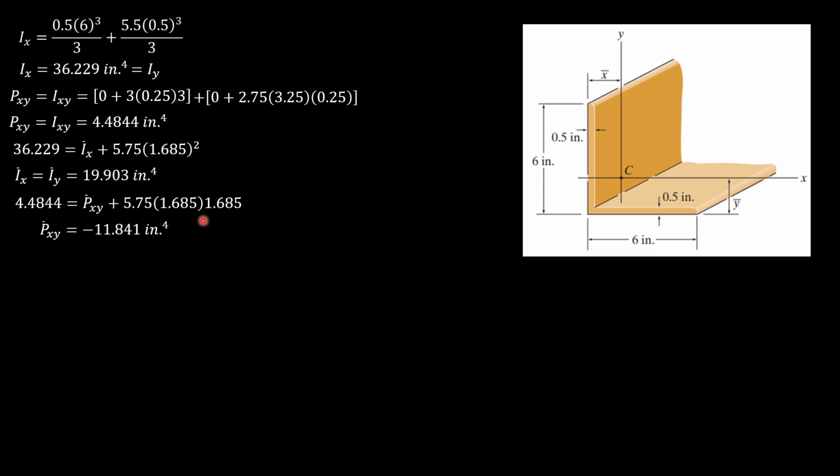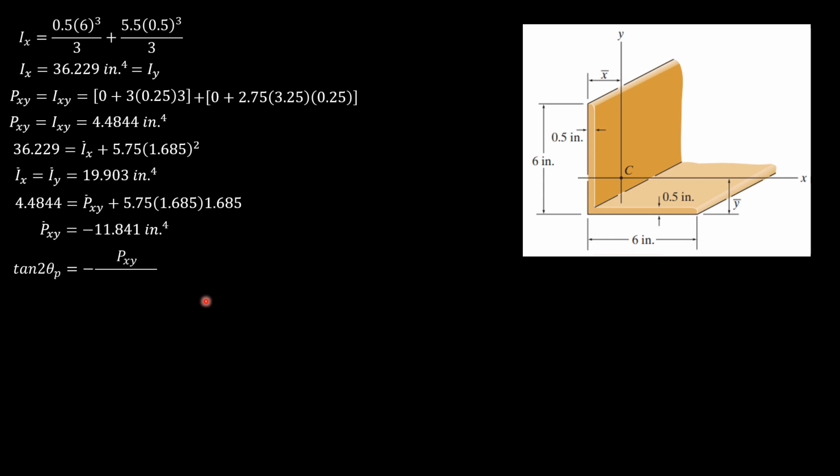So having found this, let's now have our transformation equation for maximum moment of inertia. It is 1/2 of Ix plus Iy plus minus square root of quantity Ix minus Iy over 2 square plus product of inertia square with respect to the centroid.